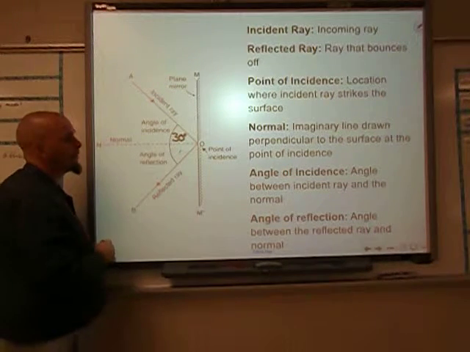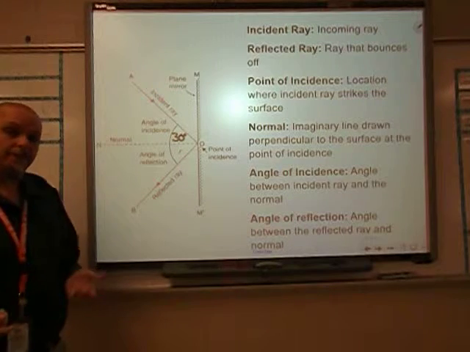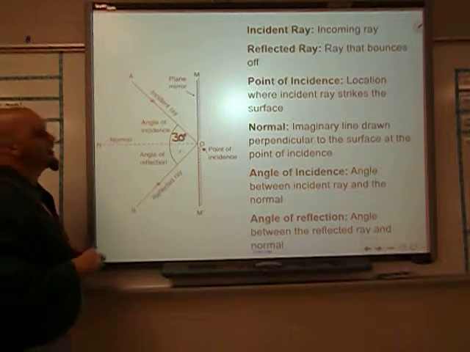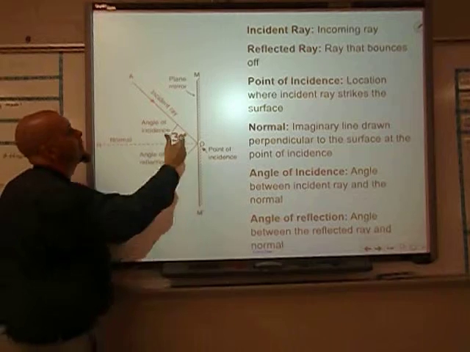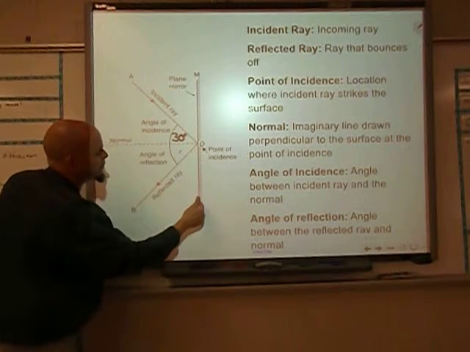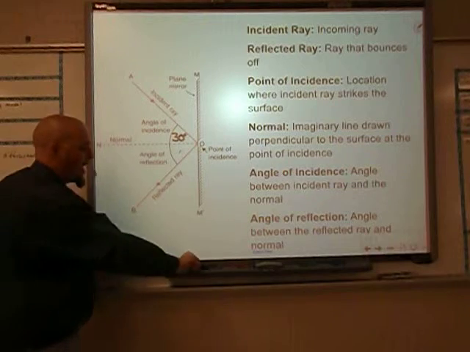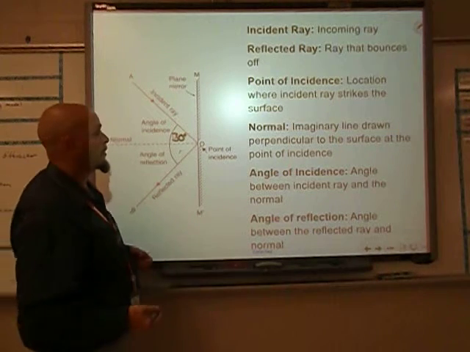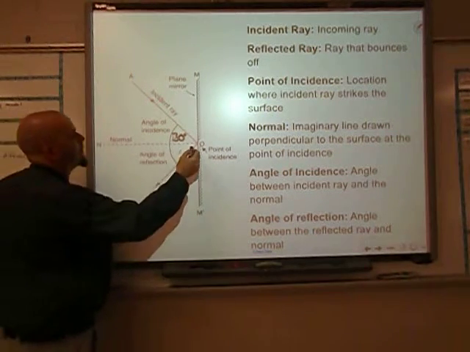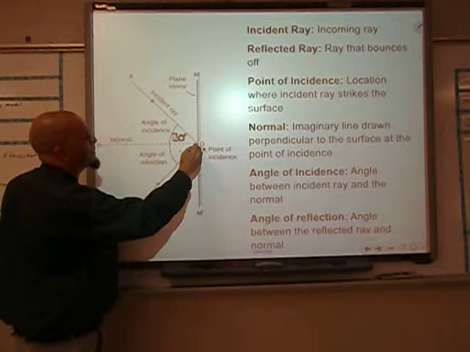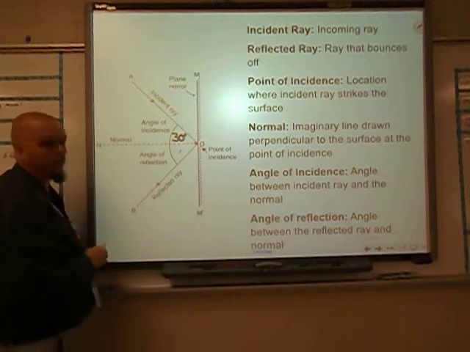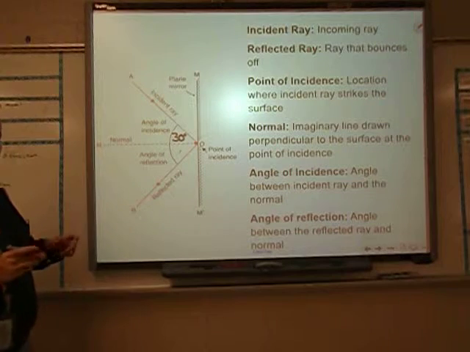The way that I would suggest you draw such a thing is by getting a protractor, laying down the base of that protractor against the reflective surface, the mirror. I would suggest you make 4 marks on your paper. Mark the center of your protractor, the center of the base.